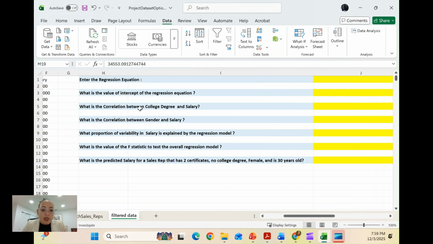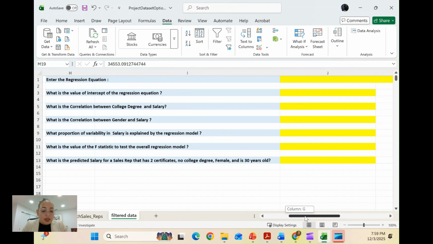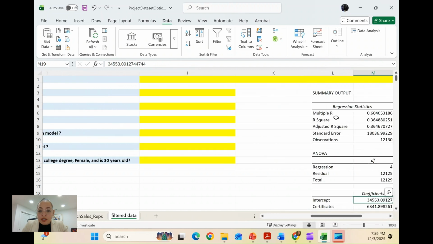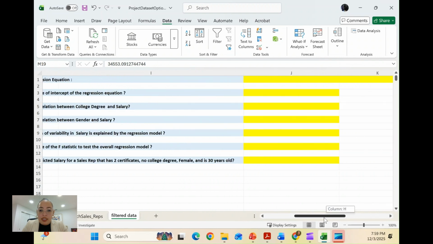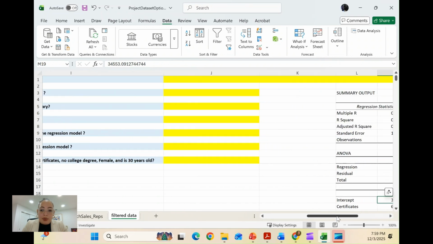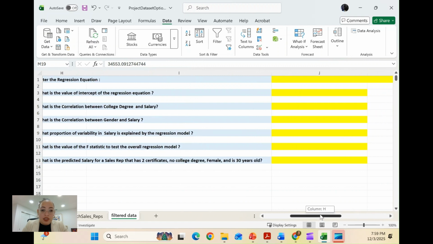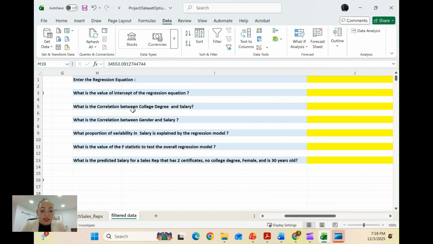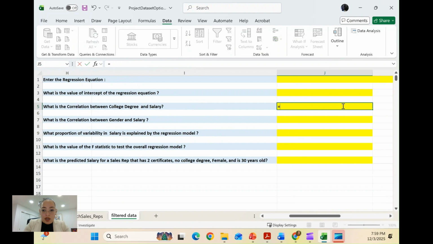What is the correlation between the college degree and salary? This is a very interesting question because when it's a simple linear regression, we can use the multiple R. However, because this is a multiple linear regression, and we are specifically trying to find the correlation between college degree and salary, we will have to use the Excel formula CORREL, and then we need to use our Y first.